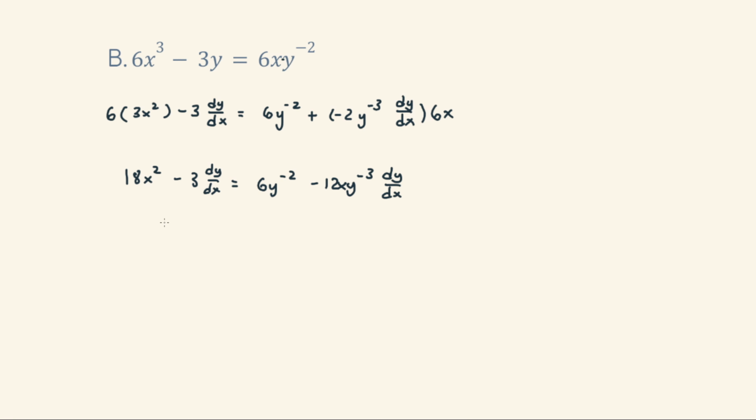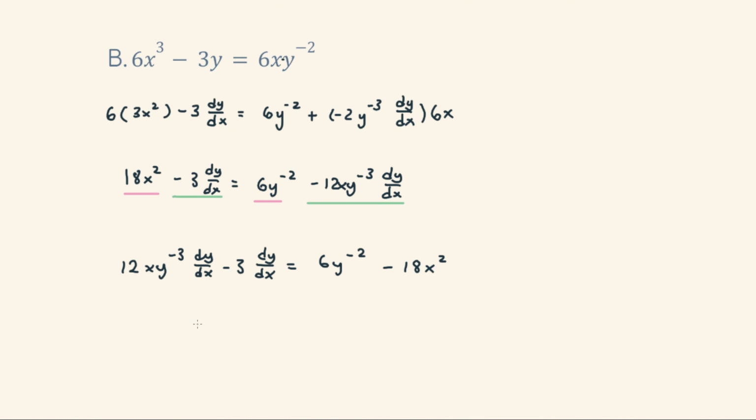All right, and so now we can just bring these two terms without the dy over dx to the right, and the terms with the dy over dx, I'm going to group them on the left, okay? So I'm going to have 12xy to the minus 3 dy over dx minus 3 dy over dx. Those are my green terms. And then here on the right side, I'm going to have 6y to the minus 2 minus 18x squared.